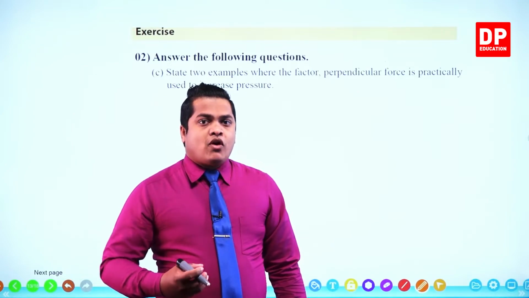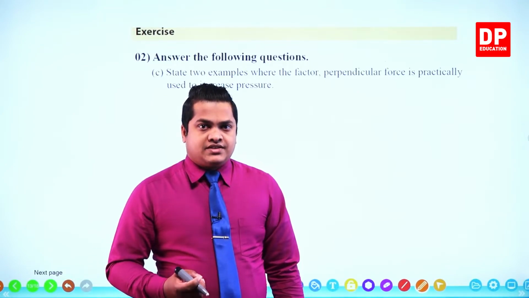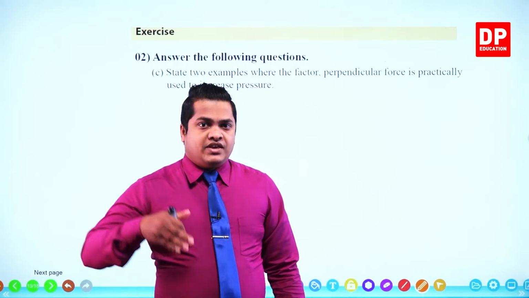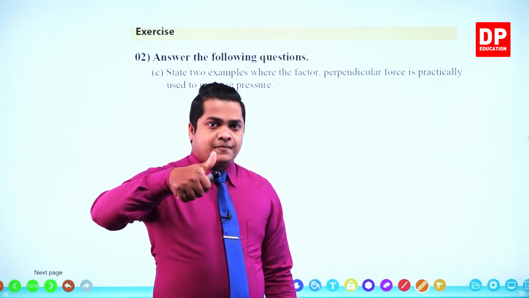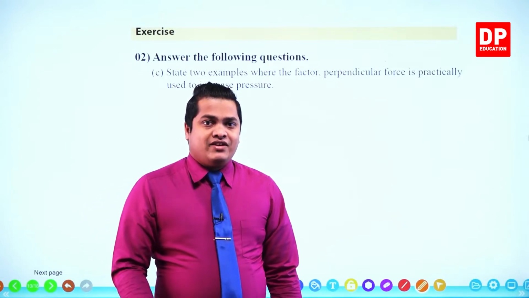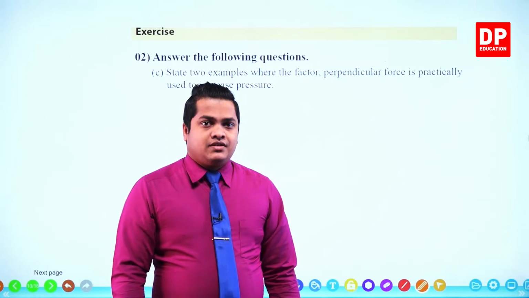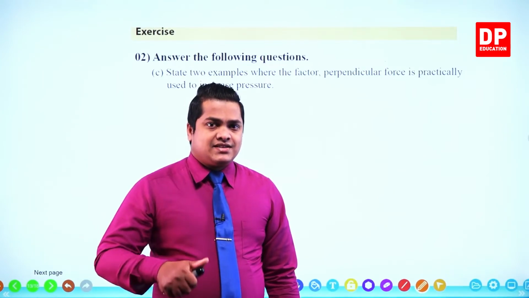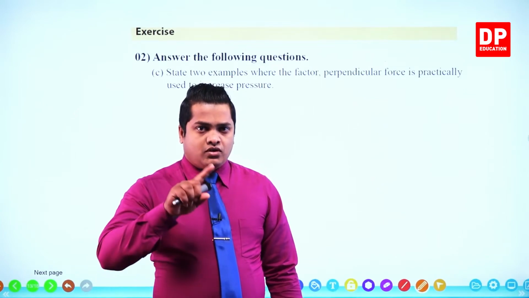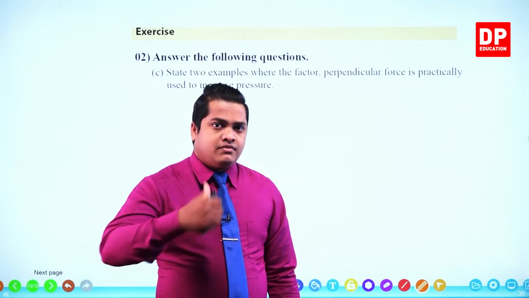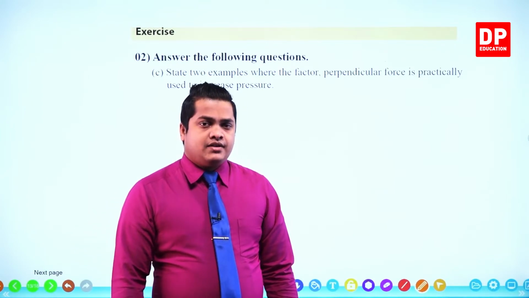if you take a drawing pin, we exert a greater pressure by pressing using our thumb or by our fingers. How can we exert greater pressure? Because we are exerting more force on the surface of the drawing pin by using our hand.